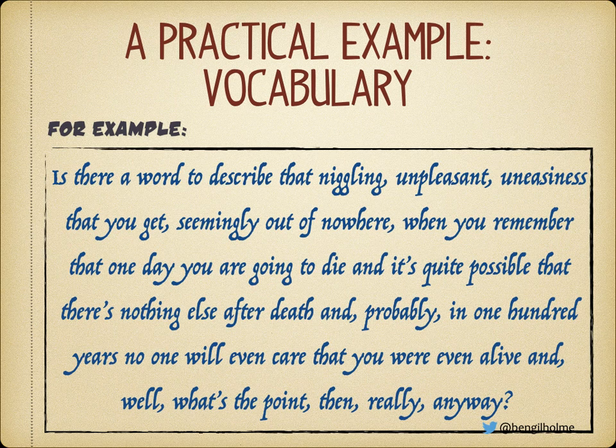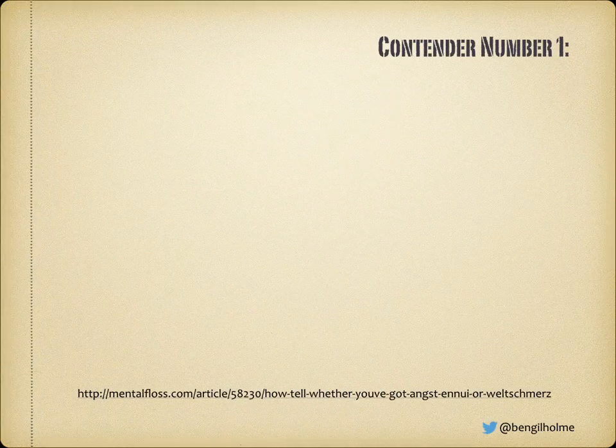So in trying to explain this kind of preoccupation with individual existence and the point of existence and all of those kinds of things, we need the words to be able to describe them. These next three slides I've taken using the content from a website called Mental Floss.